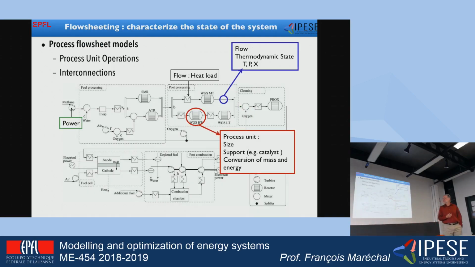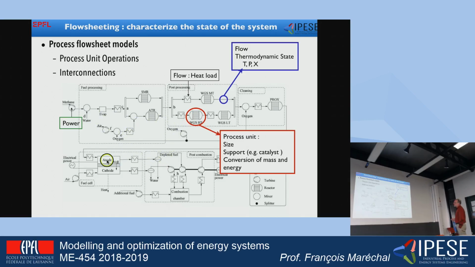But I can also have more complex systems. So for example, this is the flow sheet that is going to convert methane into electricity in a PEM fuel cell. And what you can see here is a collection of process units, the same ones, but here we also have chemical reactors, we still have heat exchangers in the system, and we have different flows. So for example, I can use air, I can use oxygen.